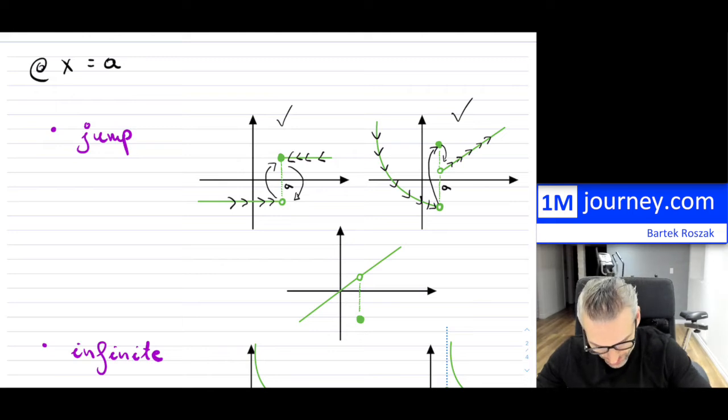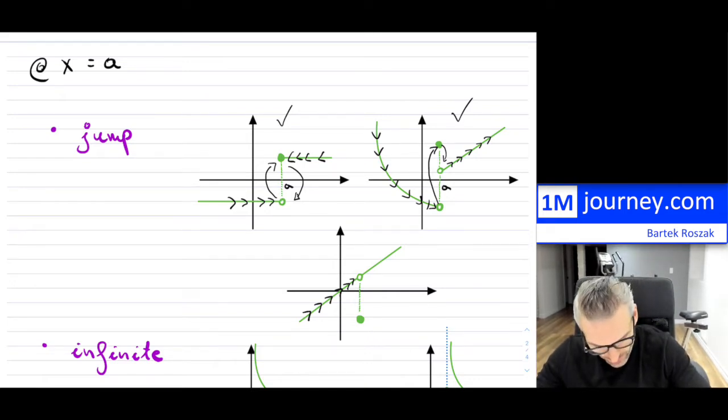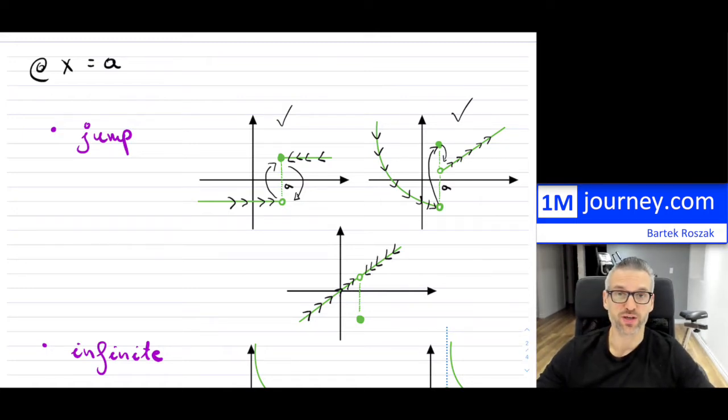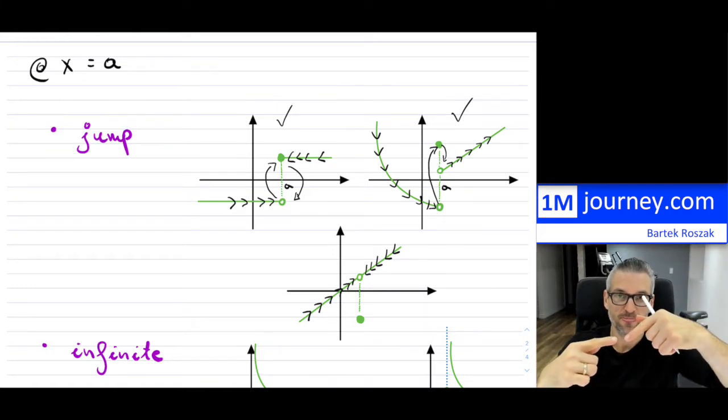The third example here is actually kind of neat, because as you're going along in this direction, your left-hand limit exists, right? And if you would have been coming down, the right-hand limit actually also exists, and they are equal to each other, right? So they're basically coming into the same point. So the limit exists.